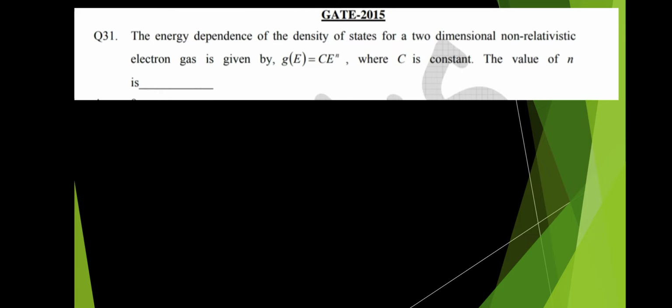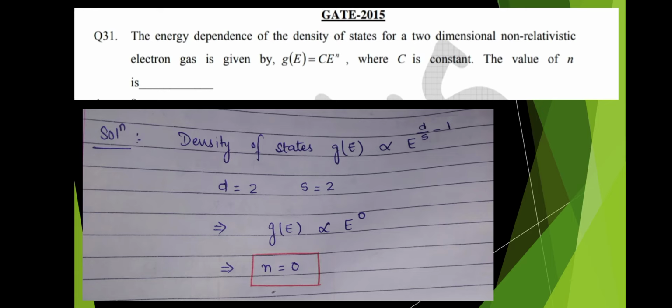Then in this question, GATE 2015, the energy dependence of density of states for a two-dimensional non-relativistic electron gas. So you have two dimensions, so d is equal to 2, and you have a non-relativistic electron gas, so s is equal to 2. We know the density of states from that table.